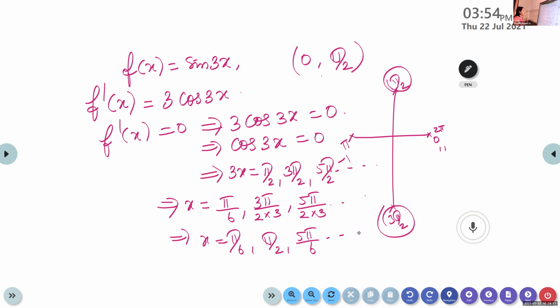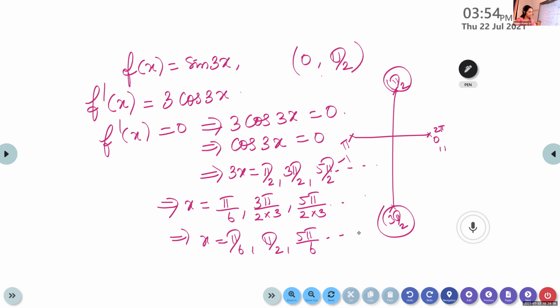Given function is f of x is sine 3x. We find f dash of x. What is f dash of x? 3 into cos 3x. We equate f dash of x to 0. So we get 3 cos 3x is 0. Taking 3 to the other side, it will become 0 by 3, which is 0. So we get cos 3x is 0.